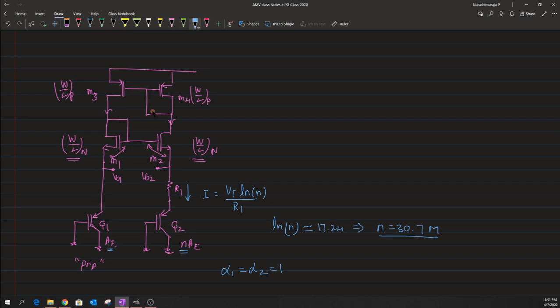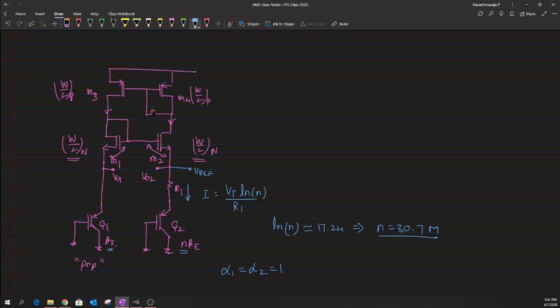Because of this particular reason, I do not want to tap my V reference out of the circuit as it is here, just because I need a huge transistor in order to implement this Q2. So now what we can do is use one more mirror structure, and tap this current I through this mirror structure to one more branch.